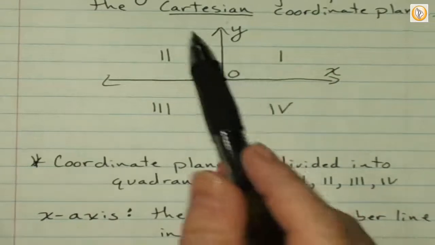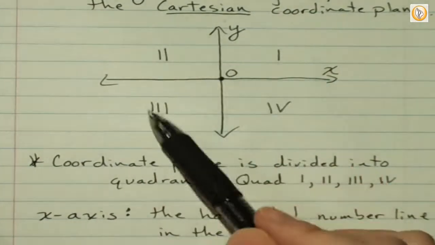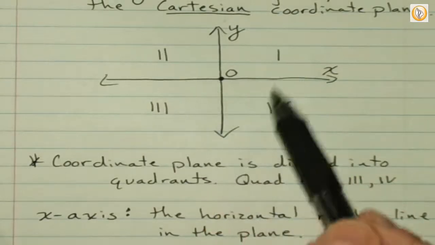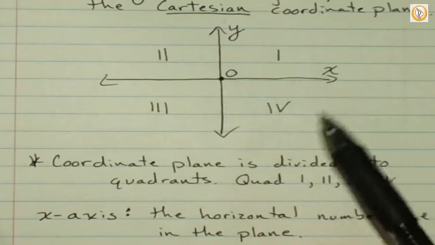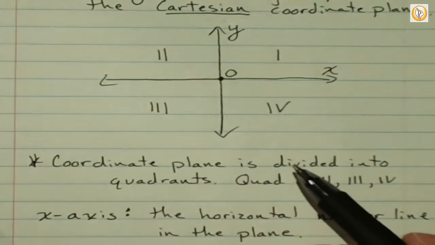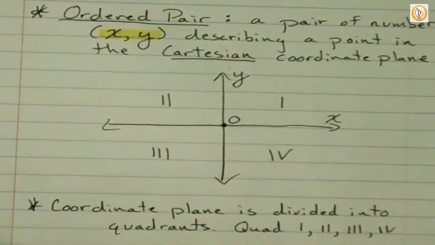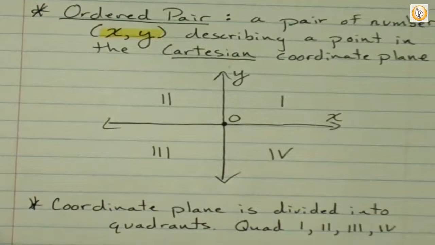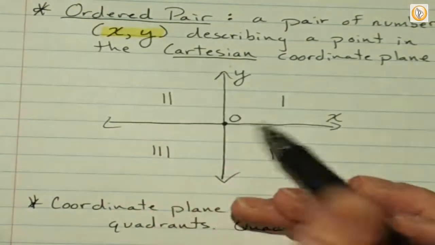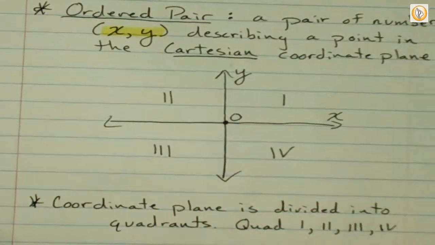It's supposed to be in this quadrant. If you graph it over here, then you're wrong. So memorizing these quadrants will help you when you're plotting points. But if you know how to plot the x and y's, these ordered pairs, then you don't necessarily have to worry about that, right? Knowing how to plot the ordered pairs of points on a Cartesian plane is the most important thing.